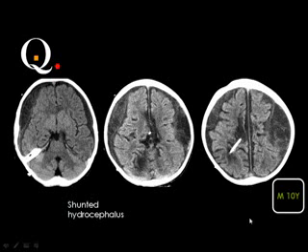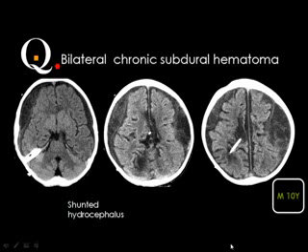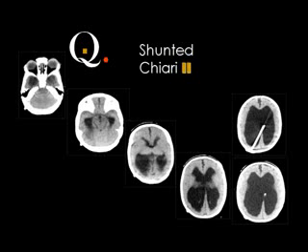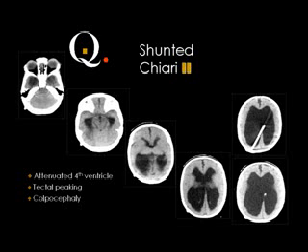Bilateral chronic subdural hematoma complicating the shunt tube. Okay, Chiari 2 malformation with shunt.